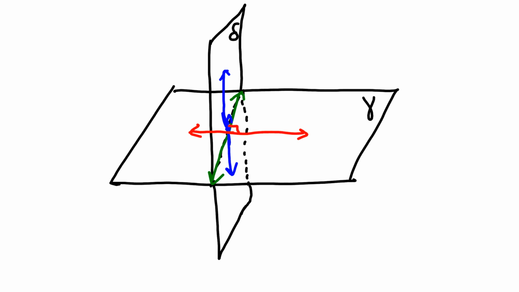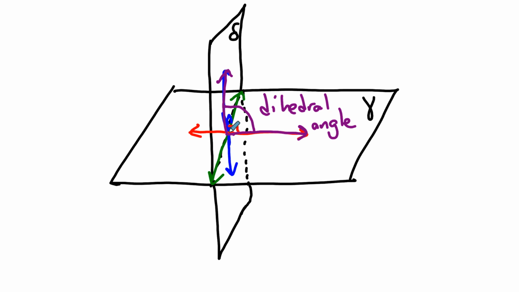To be clear, this angle is what we call a dihedral angle. It is the angle between two planes. So when we measure an angle between two planes, we take a ray that lives in one plane with an endpoint on the line of intersection, and then we take a ray in the other plane with an endpoint in the line of intersection.